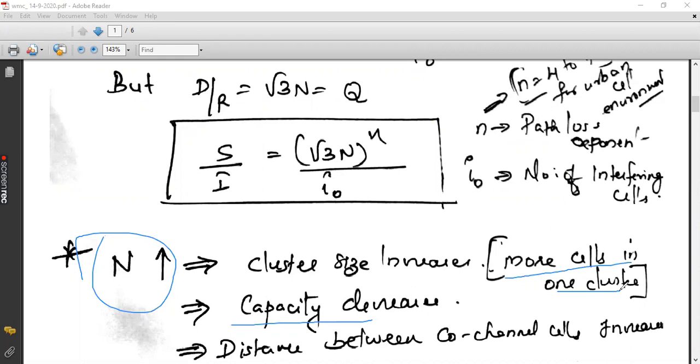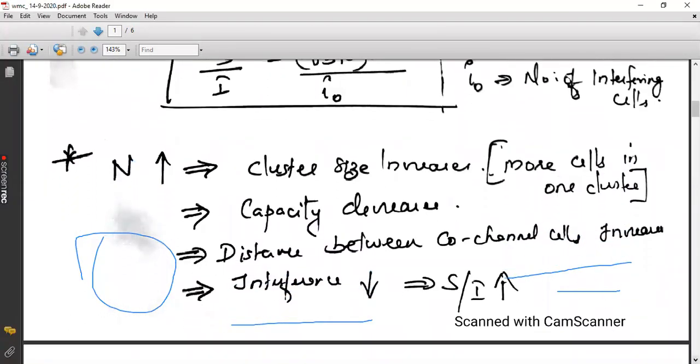So capacity has decreased, but still we are able to increase the quality of the voice channel being received. So interference decreases, so the S by I ratio increases. So signal to interference ratio is increased by increasing the cluster size. Hope this is clear for you.